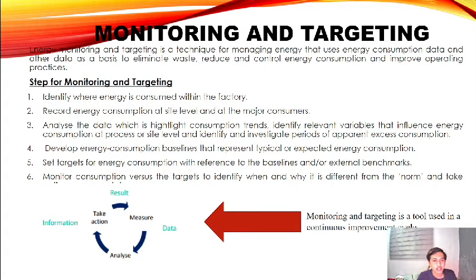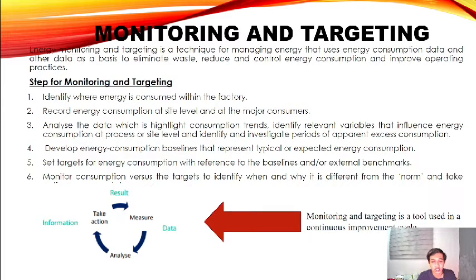The first step is identify where energy is consumed within the factory. Second, record energy consumption at site level and at the major consumer. And third, analyze the data, which is highlight consumption trends, identify relevant variables that influence energy consumption at process or site level, and identify and investigate periods of apparent excess consumption.